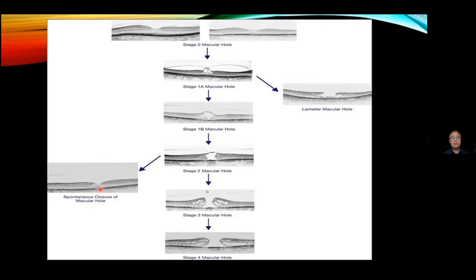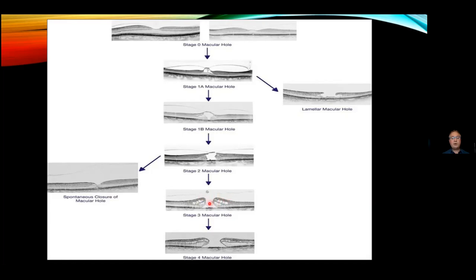There's definitely distortion looking at the photoreceptor line there, but it is a closed hole. So 1A, 1B, and in certain instances, even a stage 2 macular hole can by itself end up a closed retina without any surgery necessary.